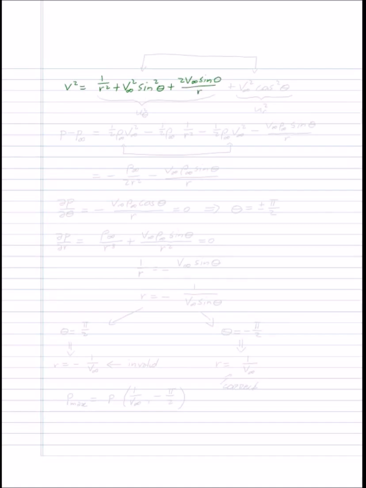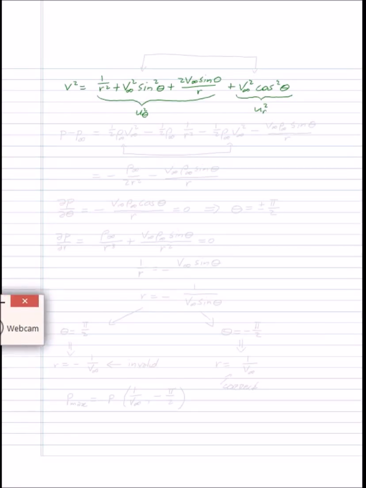So all of this is u theta squared. And then we've got another term plus v infinity squared cosine squared theta. And that thing is my ur squared. Great, so we've got that, and we need to substitute that into the Bernoulli equation.